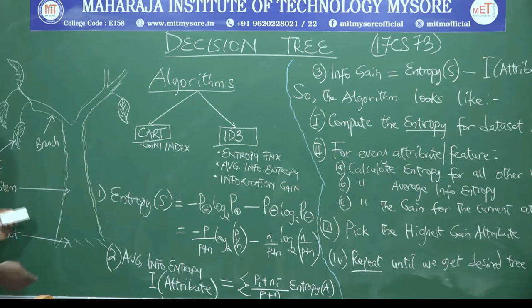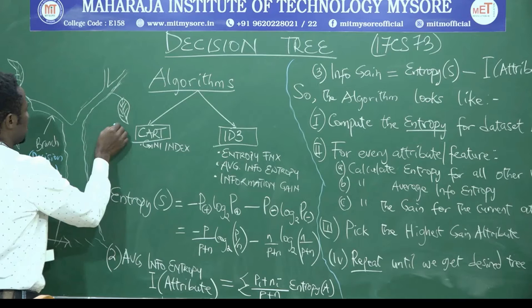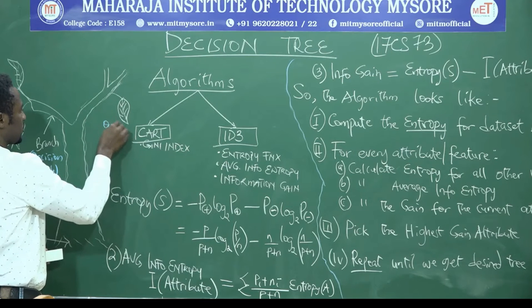Leaves, right? So the top node, you call it your root node. So usually we say here, this is the root node. Okay? So this represents your what? Your decision rule. Decision rule. And this represents your what? Say, outcome.